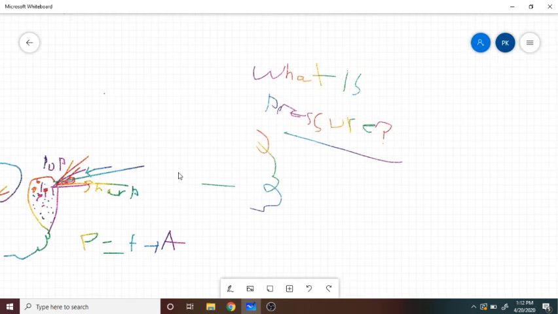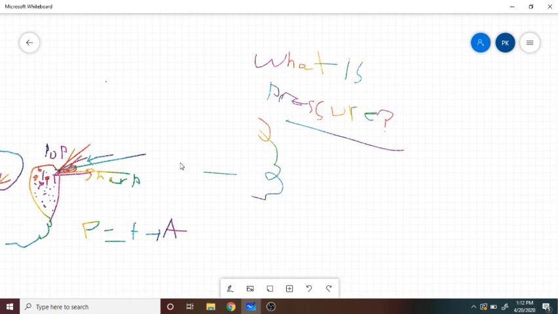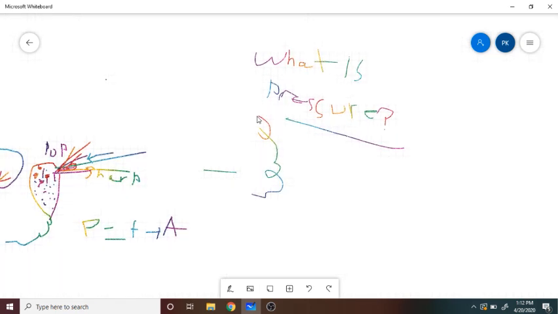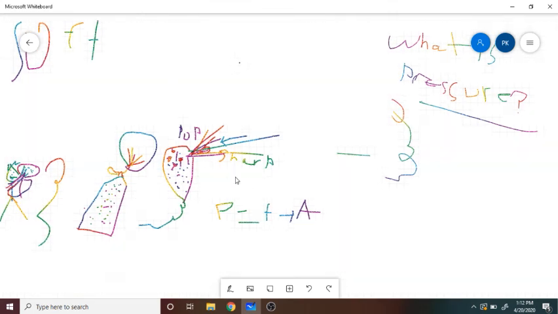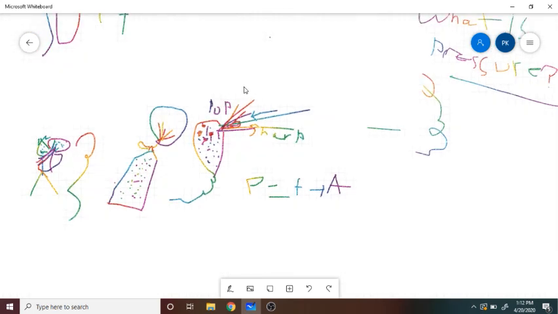So let's just review. What is pressure? Pressure is all the atoms and stuff that are bouncing around, and pressure is any amount of force exerted or pushed onto any given area.